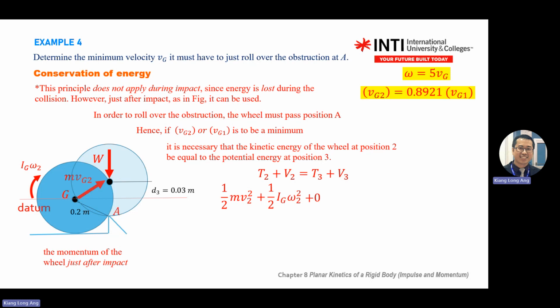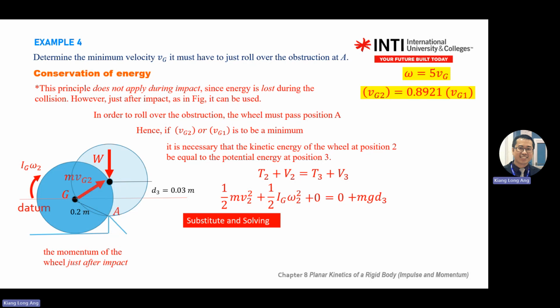So you have Ig omega squared plus 0 equal to 0 kinetic after position 3, because after 3 you just want to roll over, meaning no more moving, velocity 0, plus mgh, where h is here.